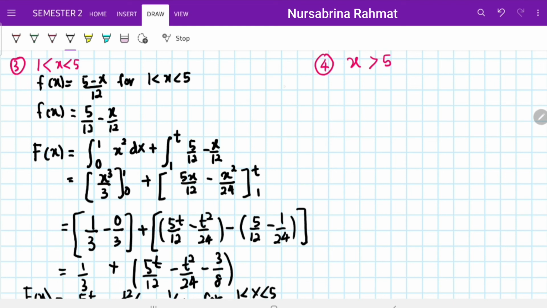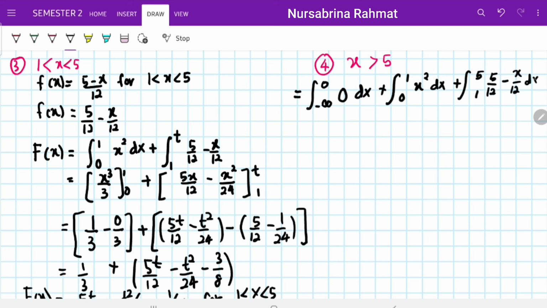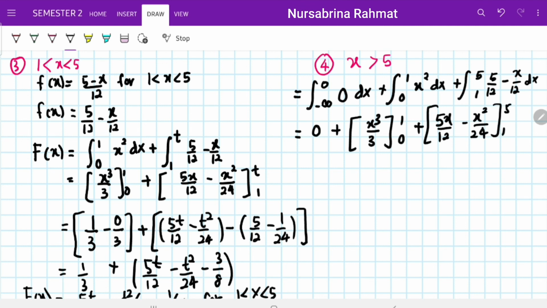So we're going to add them all up, which equals the integral from negative infinity to 0, which is 0, plus from 0 to 1 of x squared dx, plus from 1 to 5, where the function is 5/12 minus x/12 dx. So it equals 0 plus x cubed over 3 from 0 to 1, and 5x/12 minus x squared over 24 between the limits 1 to 5.